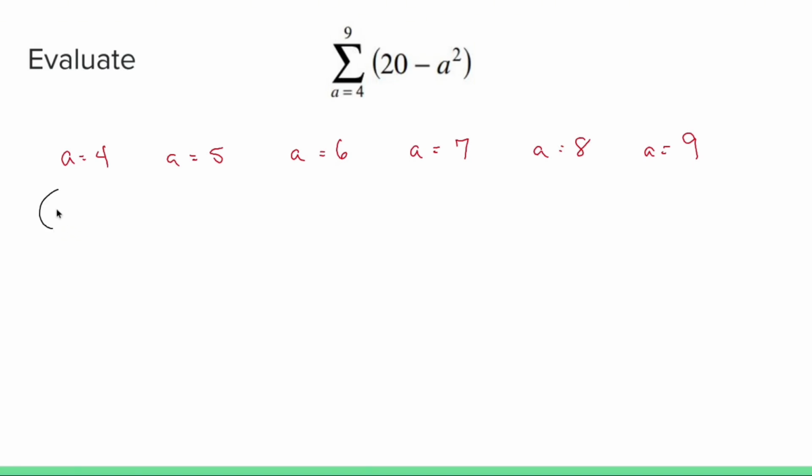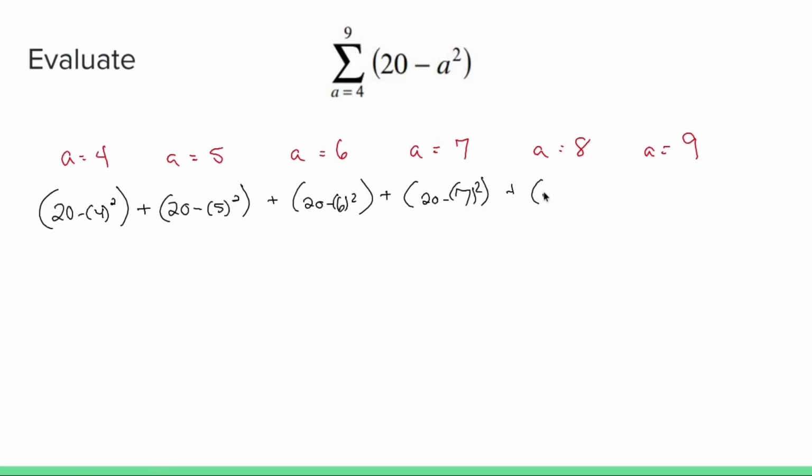You have 20 minus 4 squared plus 20 minus 5 squared plus 20 minus 6 squared plus 20 minus 7 squared plus 20 minus 8 squared plus 20 minus 9 squared.